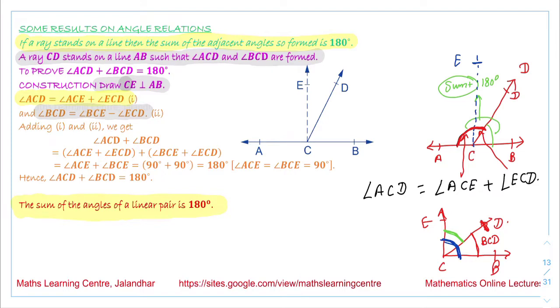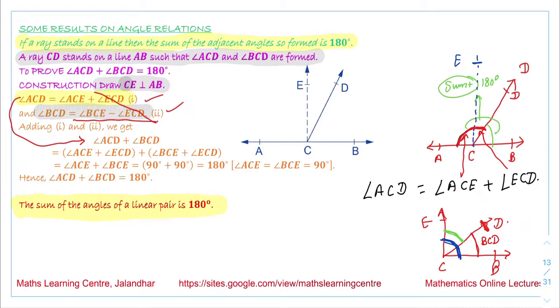Now if we add these two equations, the sum of these two angles, angle ACD plus angle BCD, these terms are the same, so they get cancelled out, and what we are left with is angle ACE plus angle BCE.